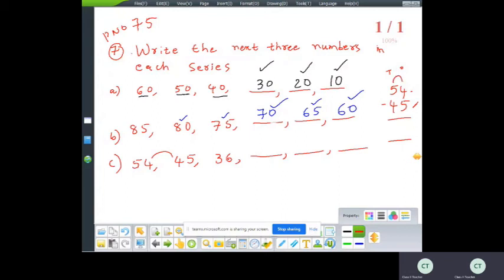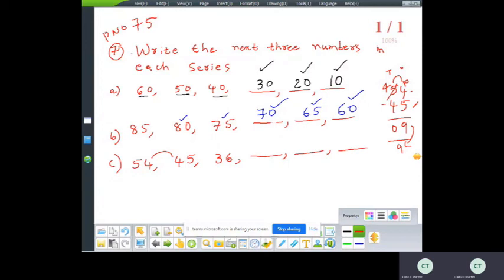From 5 tens, we take 1 ten as borrow. 10 plus 4 is 14. 14 minus 5 is 9. From 5 tens, we took 1 ten as borrow. 5 minus 1 is 4. 4 minus 4 is 0. So the number is 9. Yes, the difference of 54 and 45 is 9.